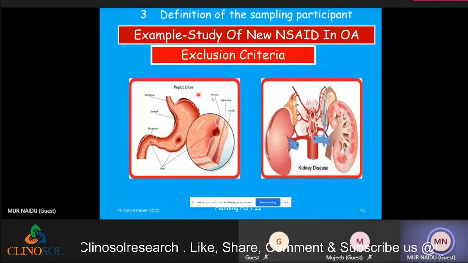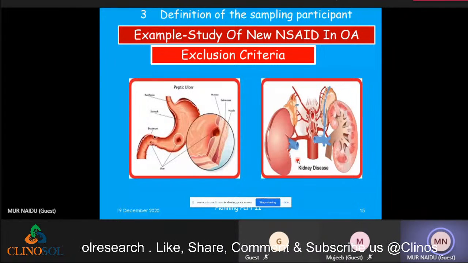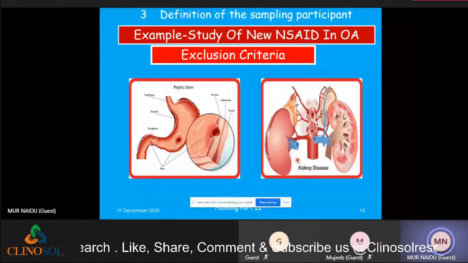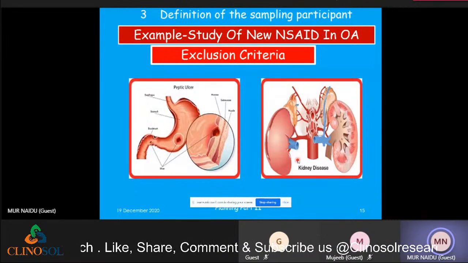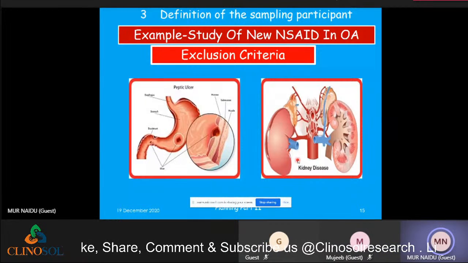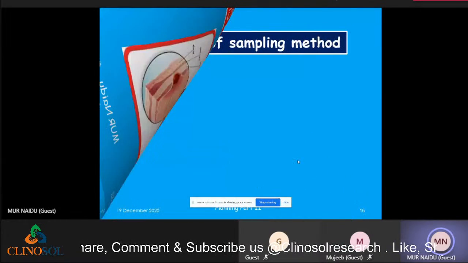I cannot take a patient with peptic ulcer or kidney disease where renal function is abnormal, creatinine and urea is very high. So these become my exclusion criteria. This way I design my clinical trial with a new non-steroidal anti-inflammatory drug for osteoarthritis.